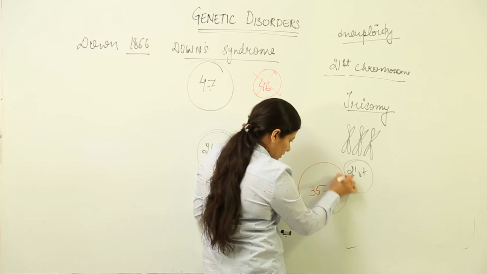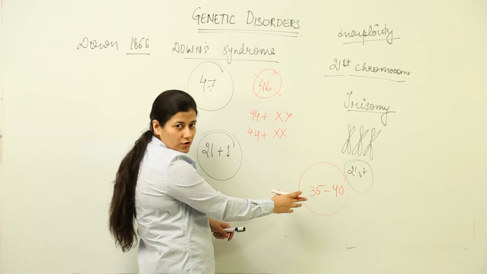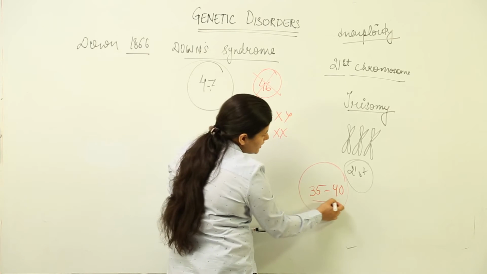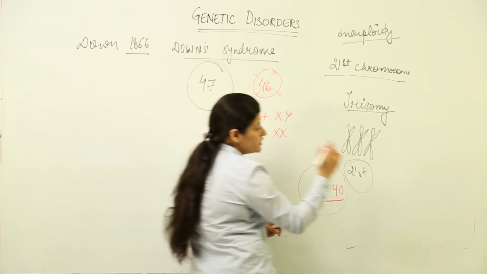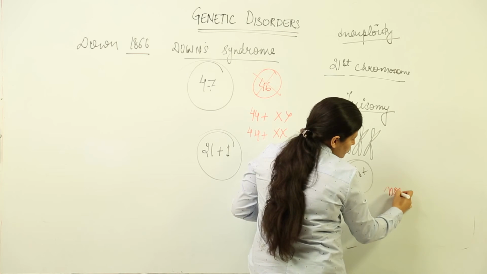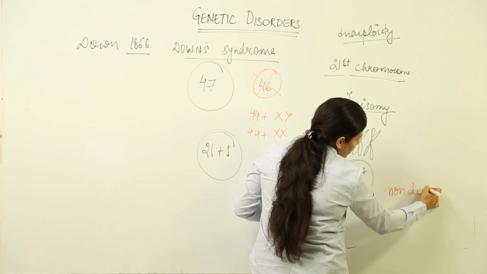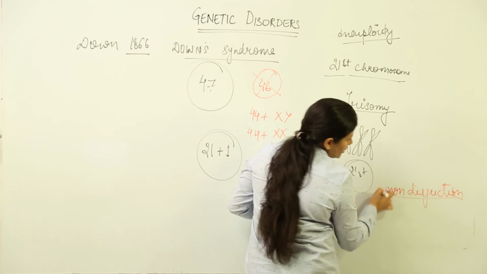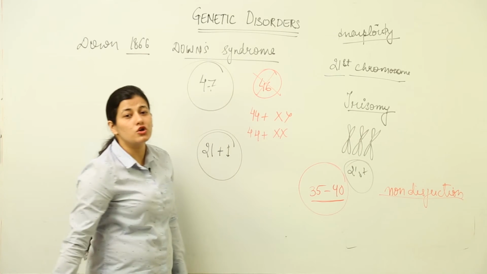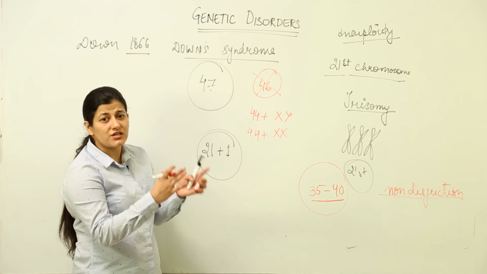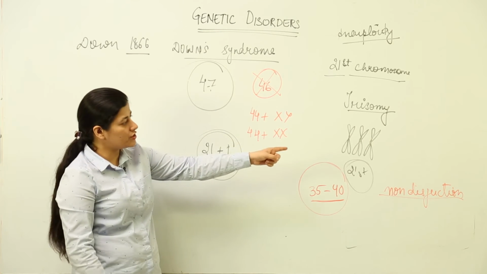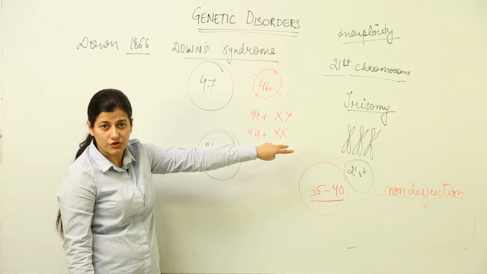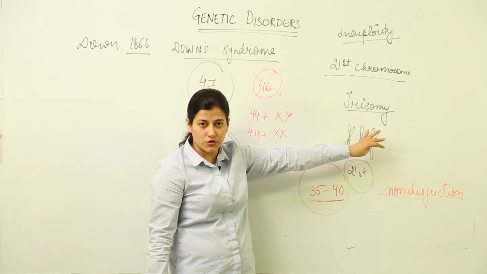There is quite a probability that non-disjunction of chromosomes occurs during cell division, and because the non-disjunction of the homologous chromosome occurs, the pair stays there only and the additional chromosome from the father comes and makes it a trisomal condition. So, it leads to trisomy.